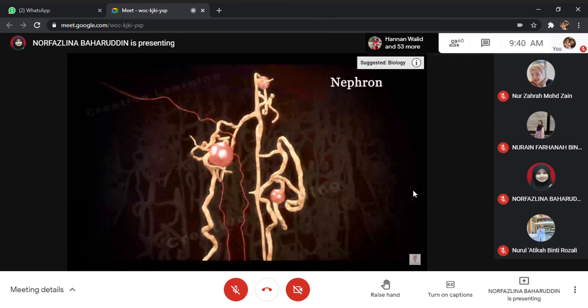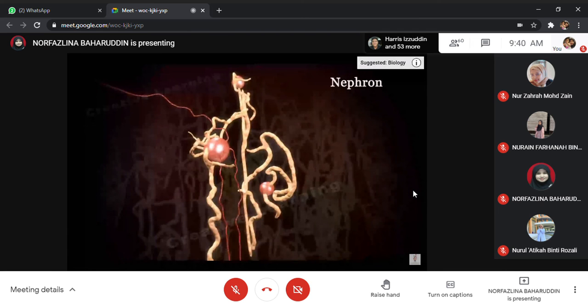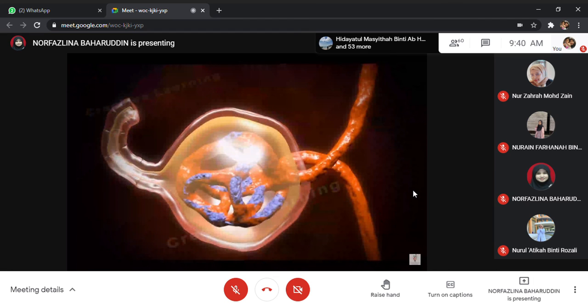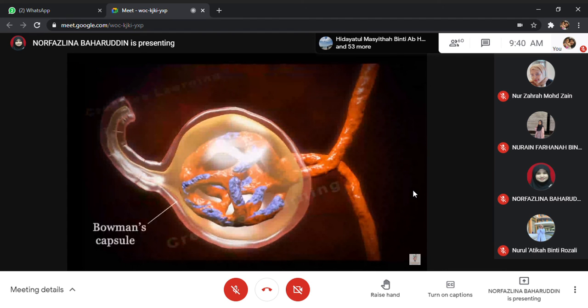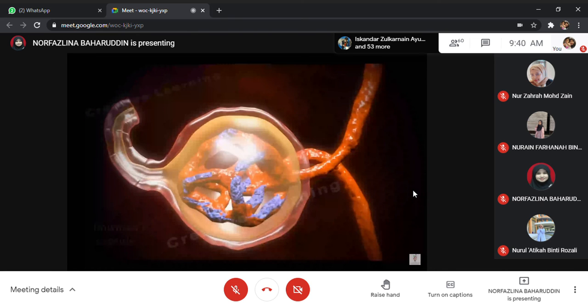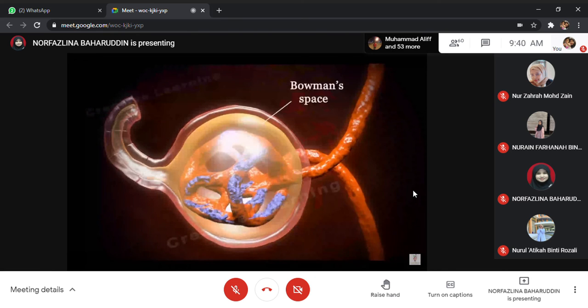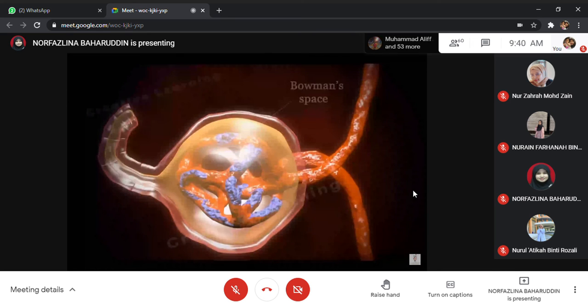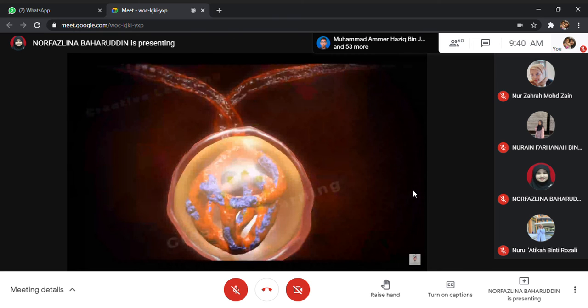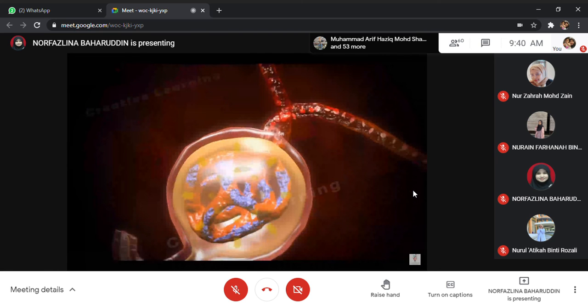The glomerulus is encased in a thin, double-walled capsule called Bowman's capsule. The space inside the capsule and surrounding the glomerulus is called Bowman's space. As the blood travels through these capillaries of the glomerulus, filtration causes a lot of plasma contents to spill out into Bowman's space through the glomerular filtration membrane.